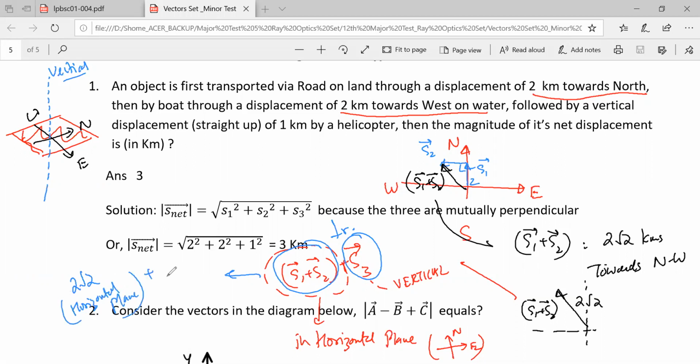Plus we are adding another vector which is 1 kilometer vertical. So इन दोनों के बीच angle कितना हो गया? The angle is 90 degrees. So their sum, the resultant, will be square root of 2 root 2 square plus 1 square. So that is square root of 9 or 3 kilometers.